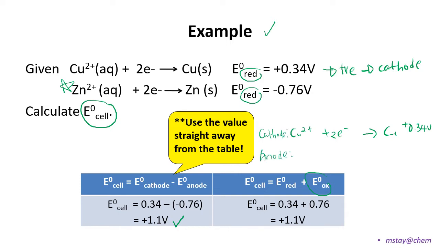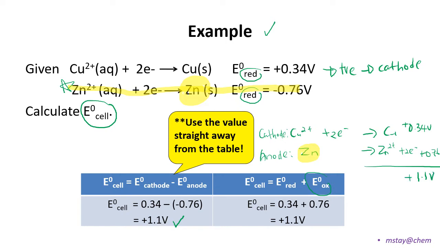So the half equation becomes zinc produces zinc 2 plus and 2 electrons. If we compare with this half equation, you will notice that the position of the zinc is different, so we have to reverse the sign, becoming positive 0.76. When you total up, it is still 1.1 volt, positive 1.1 volt.